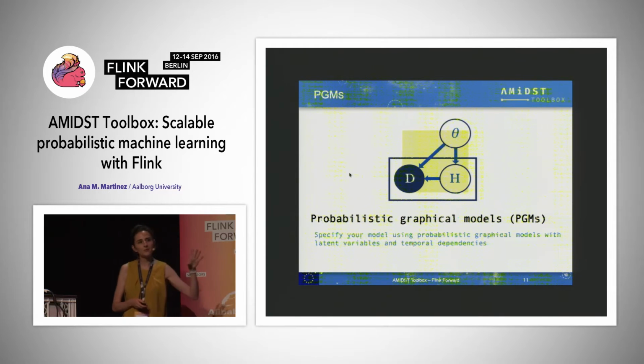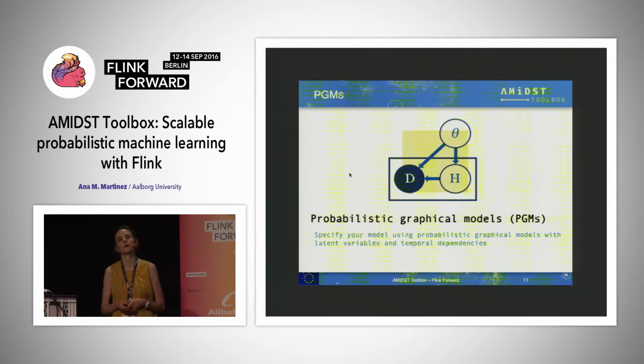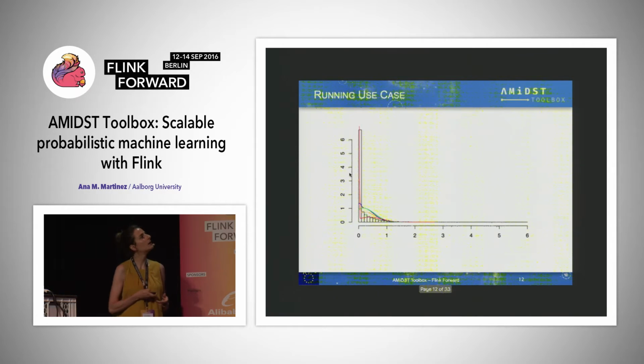That's very relevant, because if your problem can be modeled using this type of latent variables, then this toolbox can be of interest. Otherwise, there might be other machine learning toolboxes that could be more fitted.